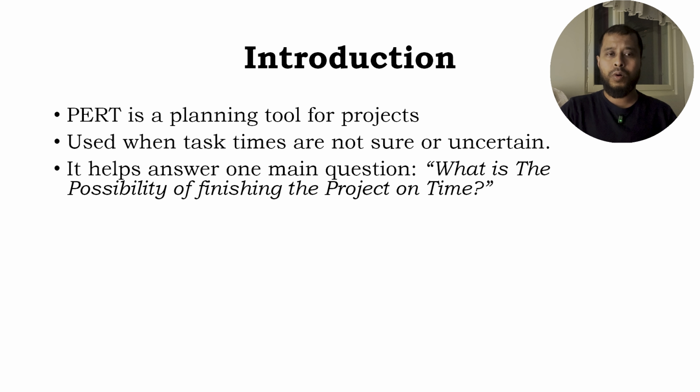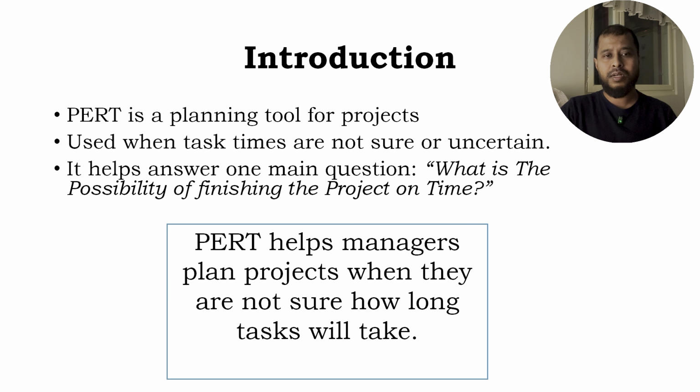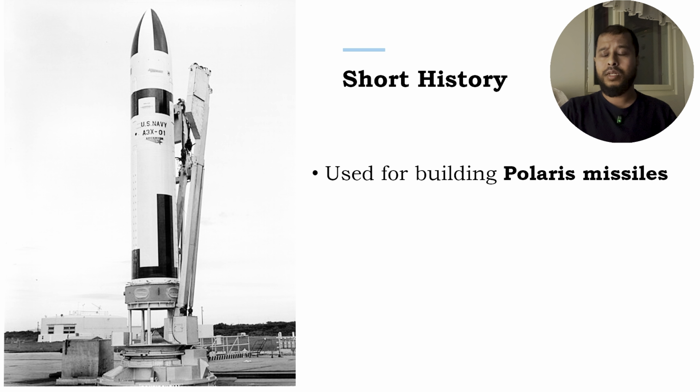At its core, PERT helps managers calculate the likelihood of completing a project by a certain deadline, making it invaluable for high stakes scenarios. A quick history lesson to set the stage. PERT was developed in 1958 by the US Navy during the Cold War era.